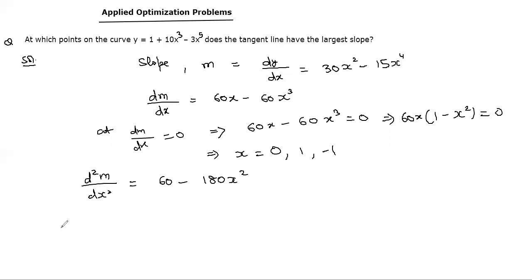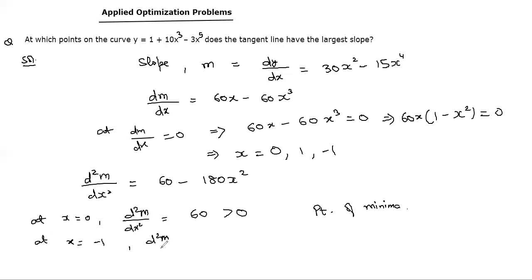Let's test it at different points. At x equals 0, the value of the second derivative is 60, which is greater than 0. So it is a point of minimum, meaning the slope is going to be minimum. In fact, it is 0 there. At x equals minus 1, the second derivative is 60 minus 180, which is negative 120, less than 0.